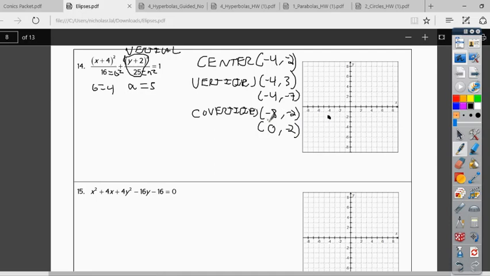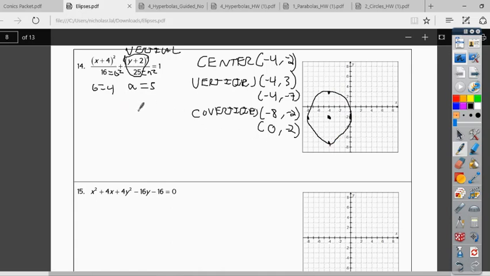So let's graph those points. Negative 4, positive 3. Negative 4, negative 7. Negative 8, negative 2. 0, negative 2. Alright? Graph our ellipse.